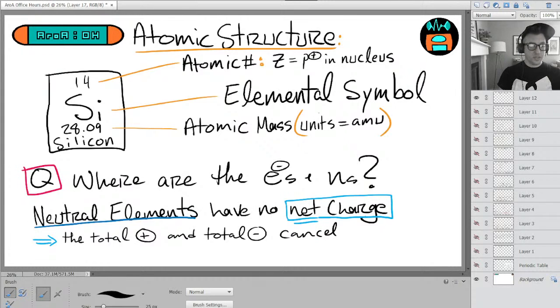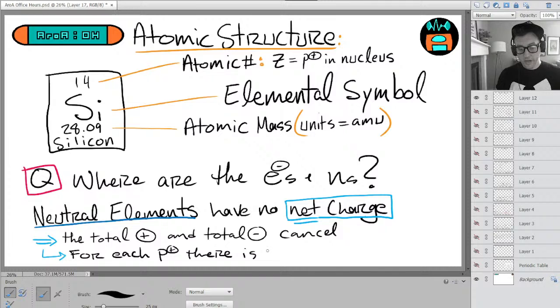In other words, for each proton, there is one electron. All right, so this is true for neutral elements. It's not true for ions, which we'll talk about later.